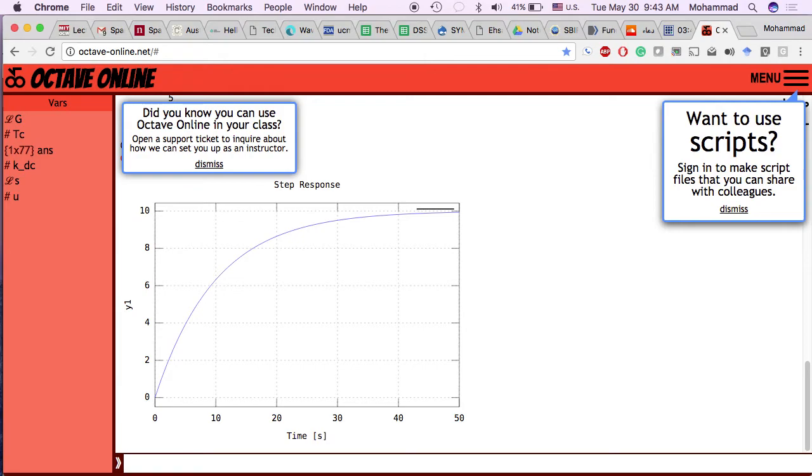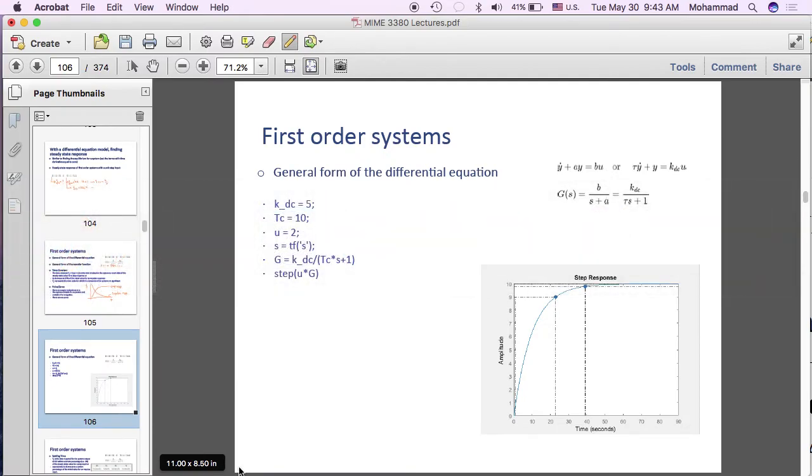Let's go back here. So the transfer function, G of S, is KDC, which is 5, divided by 10S plus 1. That's the transfer function.